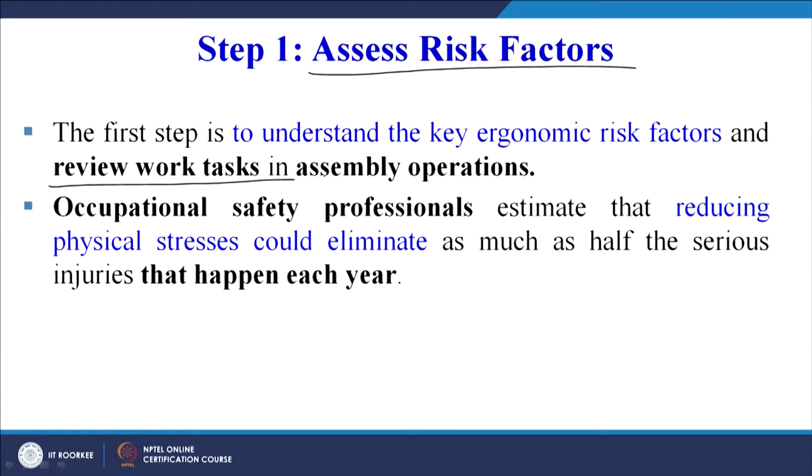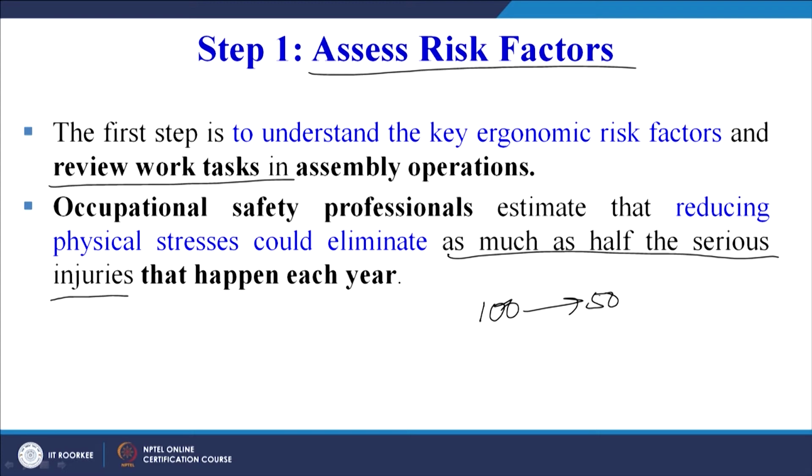Occupational safety professionals estimate that reducing physical stresses could eliminate as much as half the serious injuries that happen each year. So, you can see, half the serious injuries. If suppose we have 100 injuries in a year, they can easily be reduced to 50.